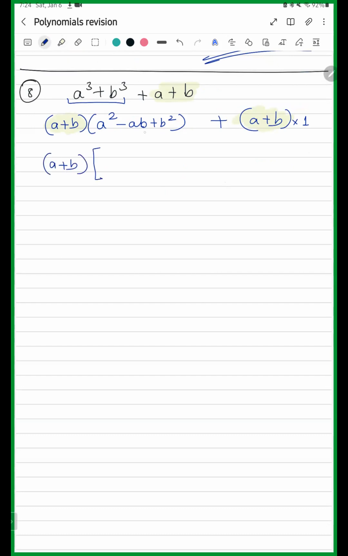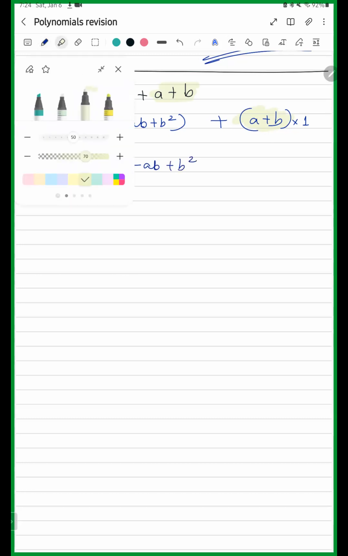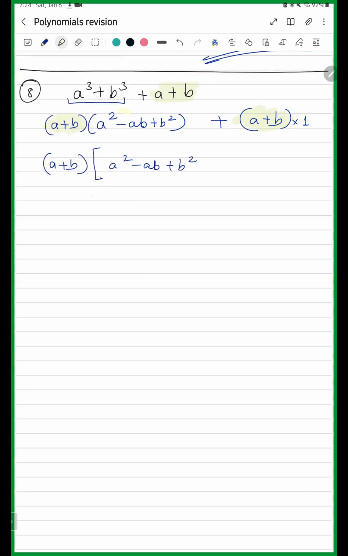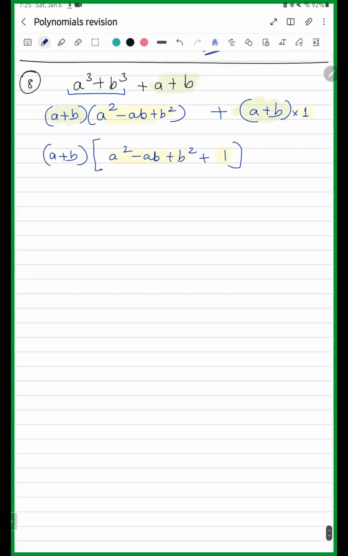A square minus AB plus B square from the first term, and from the second term, you have plus 1. So this is the final answer, because this bracket we cannot further factorize.